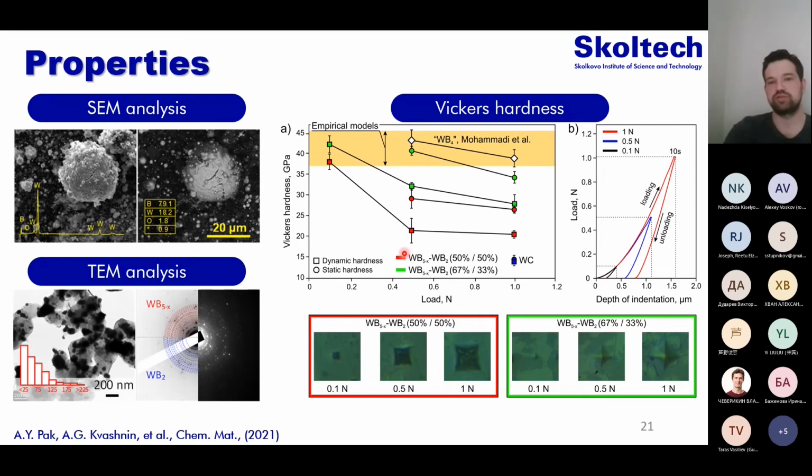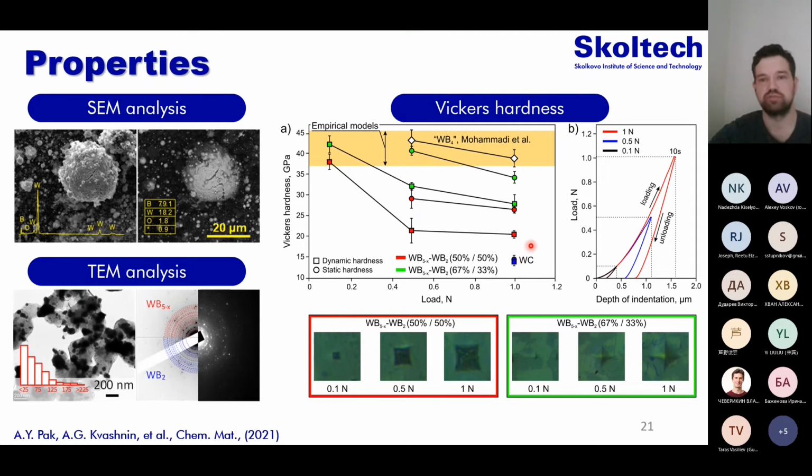The first sample was obtained with 50% of tungsten boron 5-6, while the rest of the volume is tungsten boron 4. The second sample had the highest amount of tungsten boron 5, about 67%.